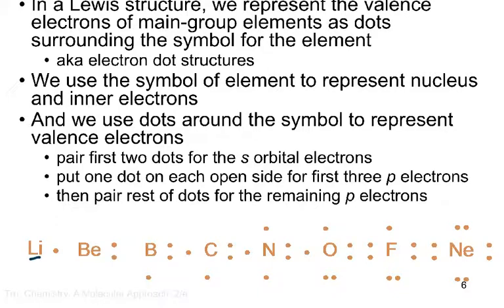So lithium here has 1 valence electron, gets 1 dot. Beryllium has 2. We pair up the 2 for the s orbital, and then add around the other sides for the p's, and then start pairing up. So just like we would fill up our s and then do the p's, we're going to do the same thing, but this time we're using sides, kind of a square around our symbol, as the lines on our orbital diagram.